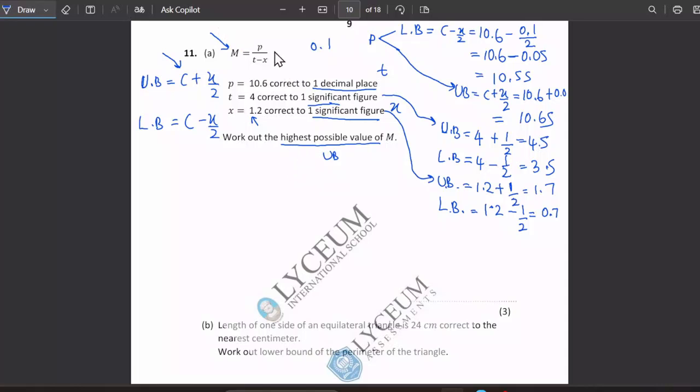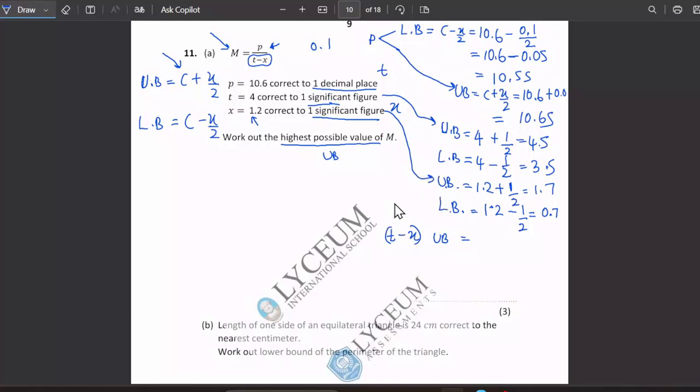But now you see that we have here a division. Okay, so then this term should be taken as one term. So we have to find upper bound and lower bound of t minus x. What is upper bound of t minus x? Upper bound means maximum possible number.